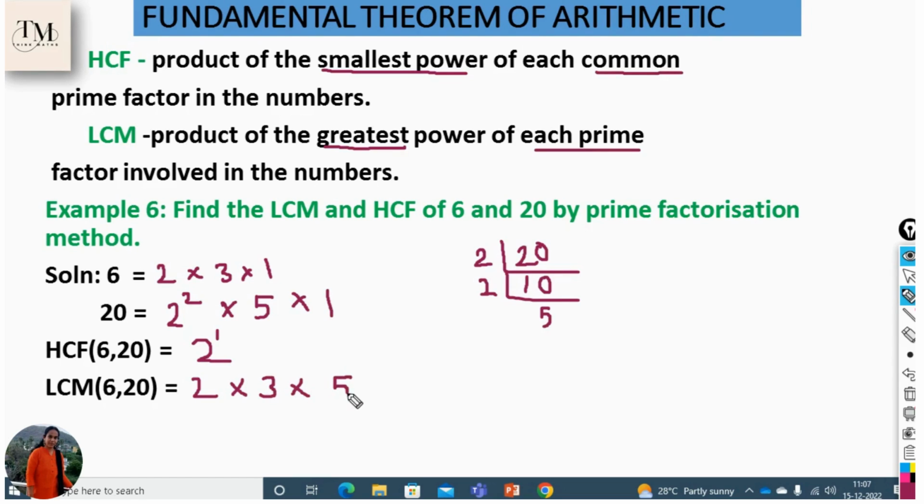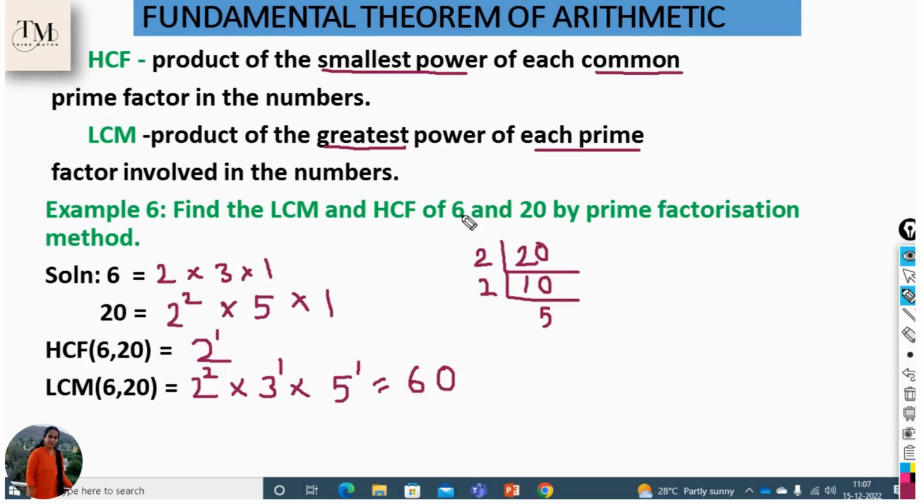The greatest power for 2 is 2 to the power 2. For 3, the greatest power is 1. For 5, the greatest power is 1. So this is HCF and LCM. Okay children, can you understand? If you calculate this, 2 twos are 4, 4 threes are 12, 12 fives are 60.